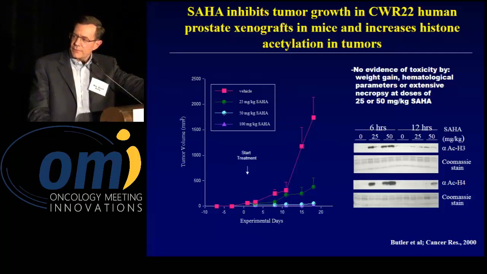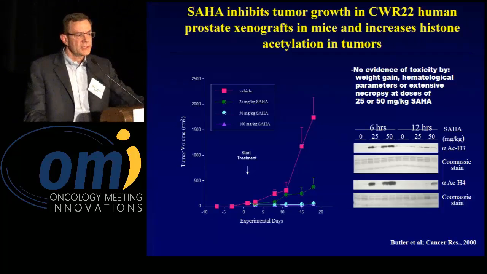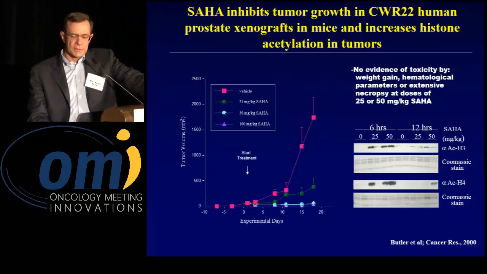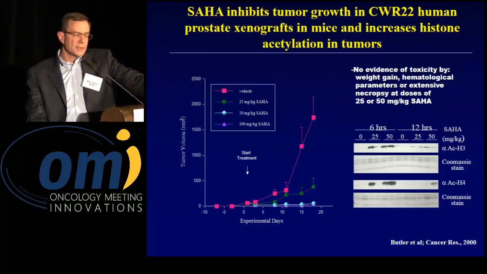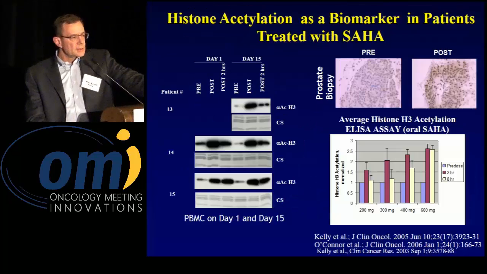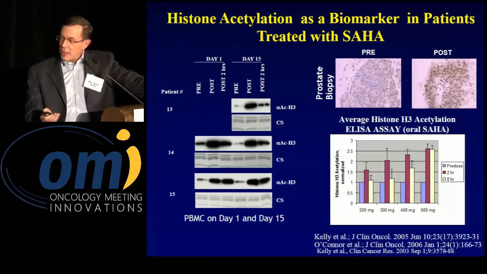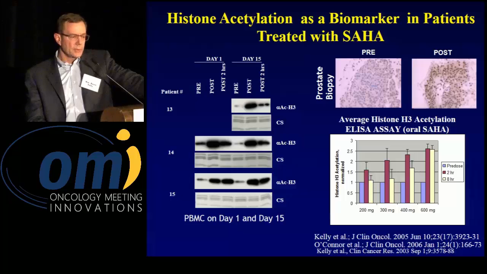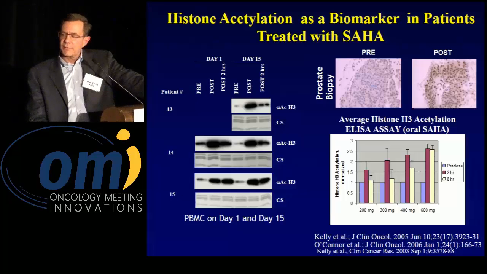What was also very interesting, a biomarker was developed from that, looking at histone acetylation within the tumor itself. This was very valuable as we took this forward into clinical trials. We first developed an IV formulation, then an oral formulation. On the left-hand side here, you see the peripheral mononuclear cells we isolated after receiving SAHA.